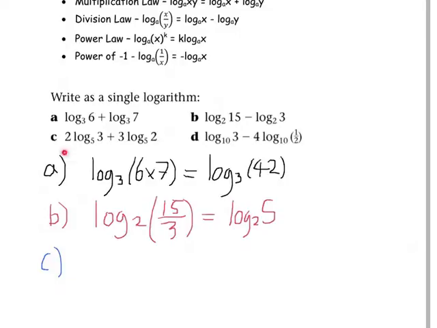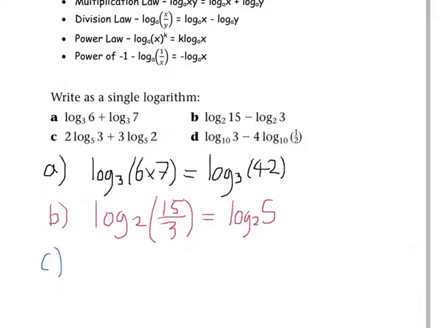If we do that with both of our logarithms, we should then have 2 logarithms which are added, which means we're going to use the multiplication law. So we're going to use 2 laws here. The first thing is to take the values in front of each logarithm and make 3 to the power of 2 on the first one and 2 to the power of 3 on the second one.